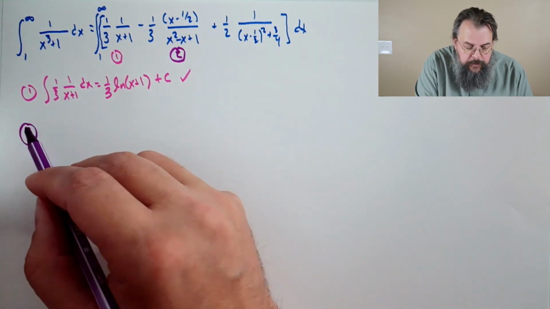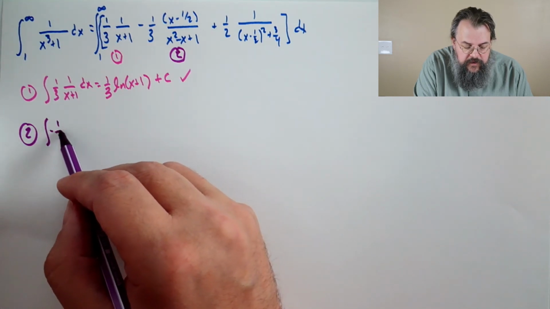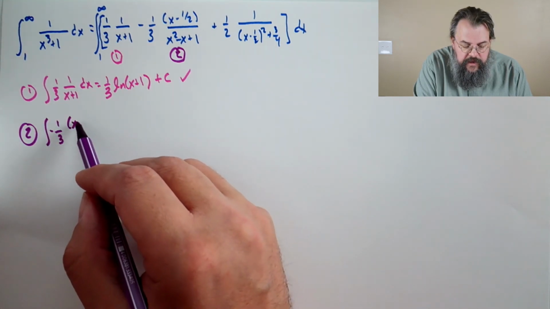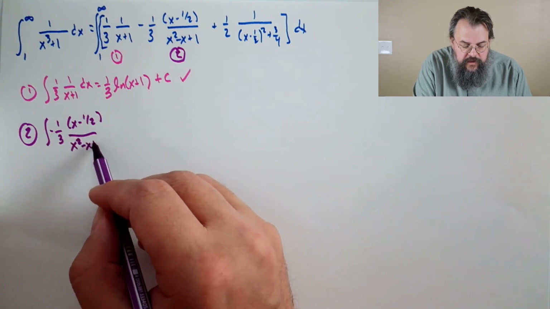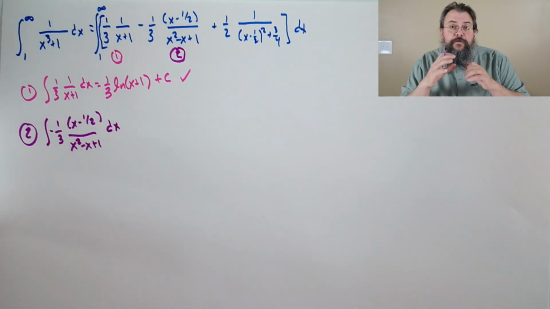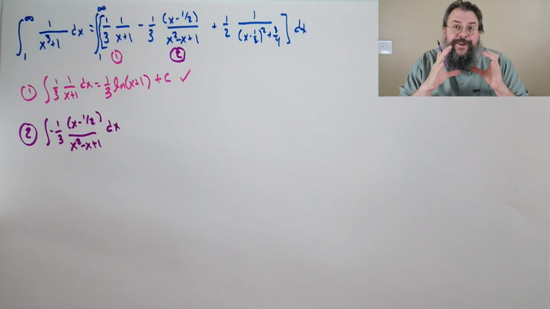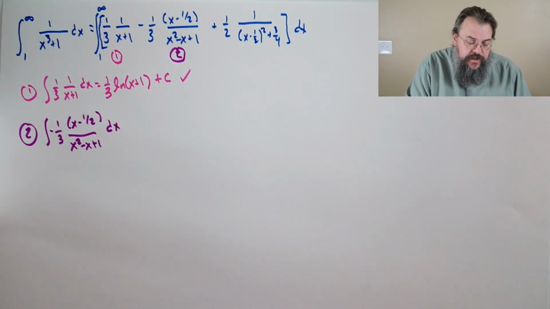So for this part, what do we have? We have the integral of minus 1/3 times x minus 1/2 over x squared minus x plus 1. The point was, by making it look like x minus 1/2, we're setting it up so we have function downstairs, derivative upstairs.